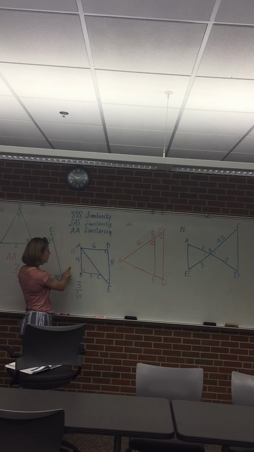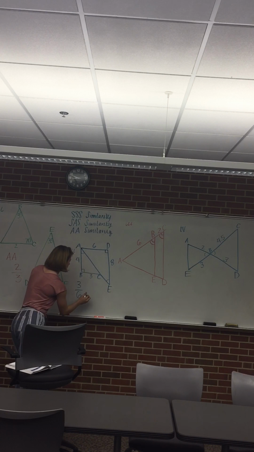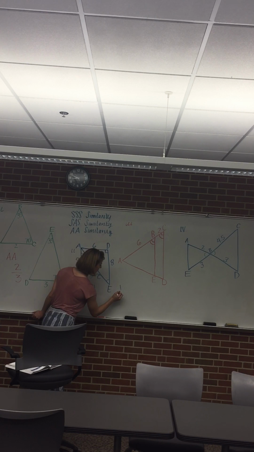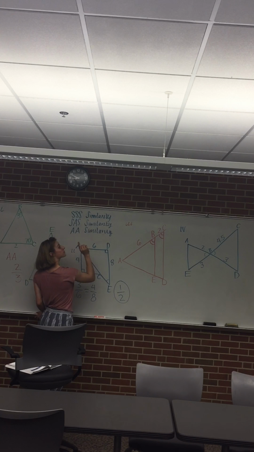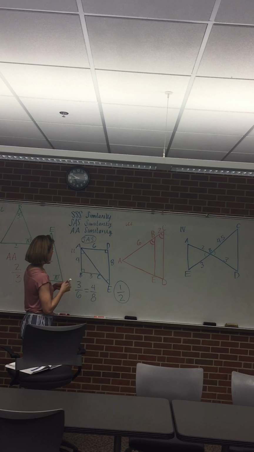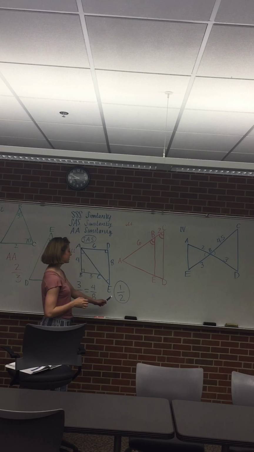AB corresponds with DE, so 4/8 is our fraction there. When we simplify both of those, we get 1/2 for both. So we have corresponding angles that are congruent and proportional sides, so this one is similar by SAS similarity. And our scale factor here is 1/2.